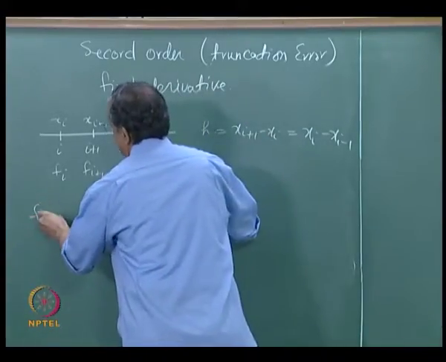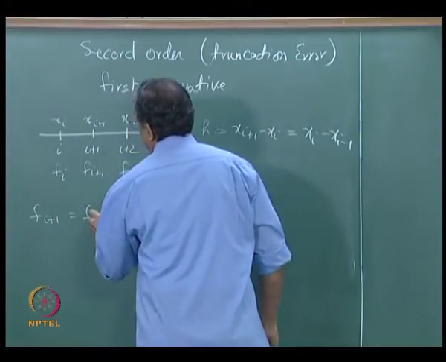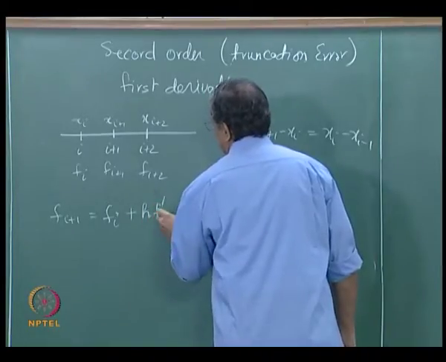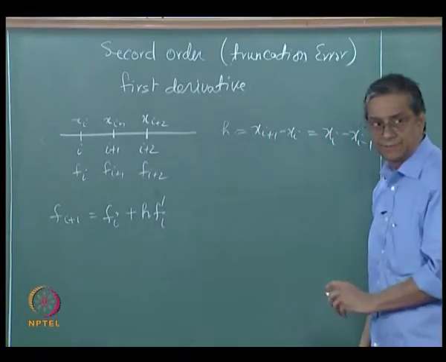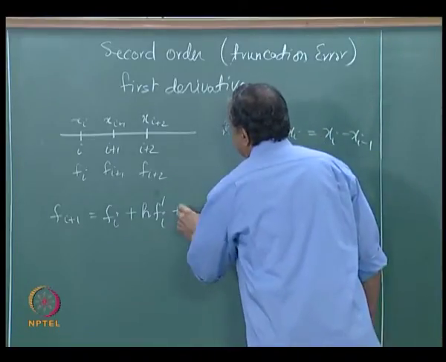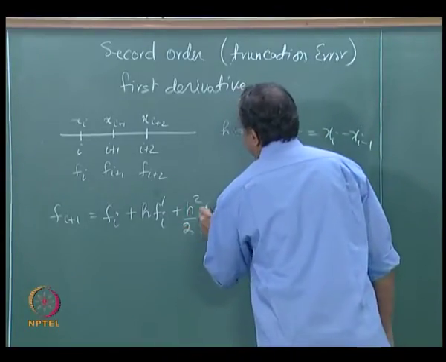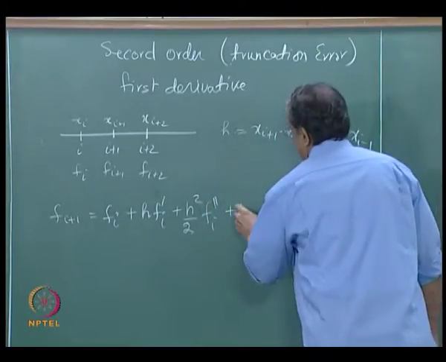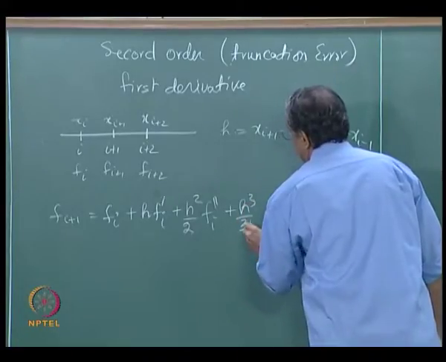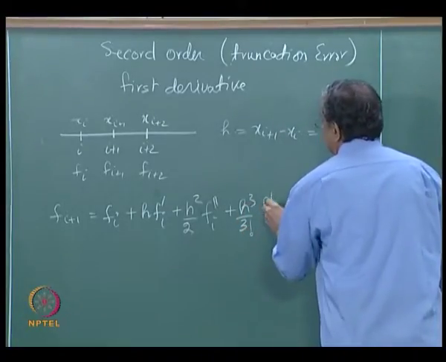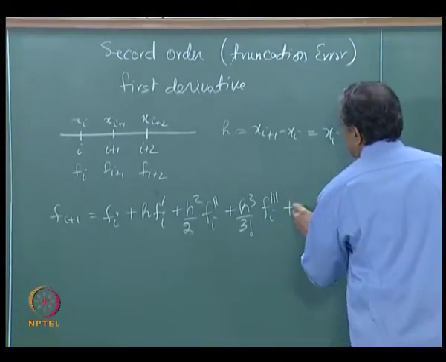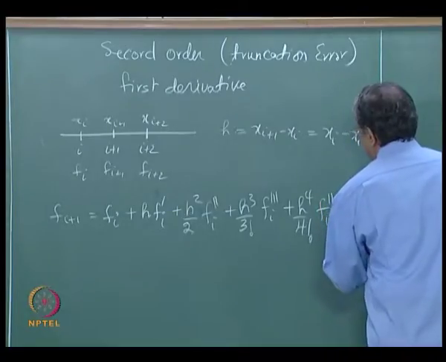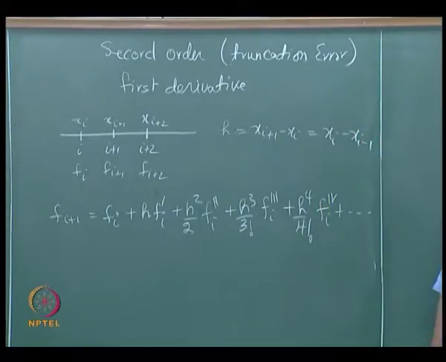So f at i plus 1 is f at i plus h times f prime at i, the prime indicating differentiation with respect to x, plus h squared by 2 factorial f double prime at i, plus h cubed by 3 factorial f triple prime at i, plus h to the 4th by 4 factorial f fourth derivative at i, and so on.